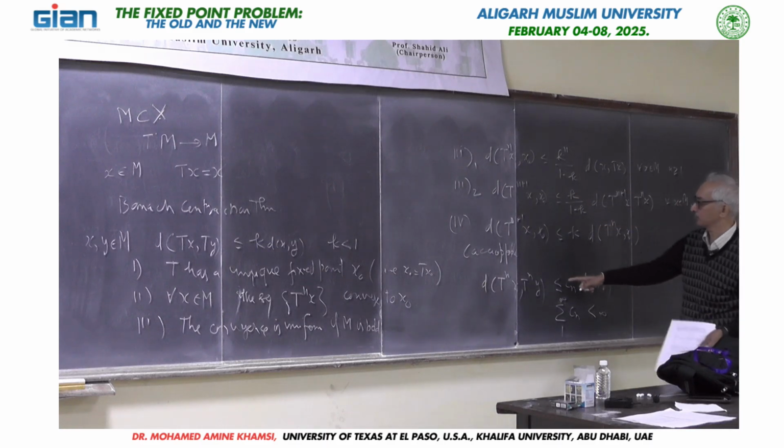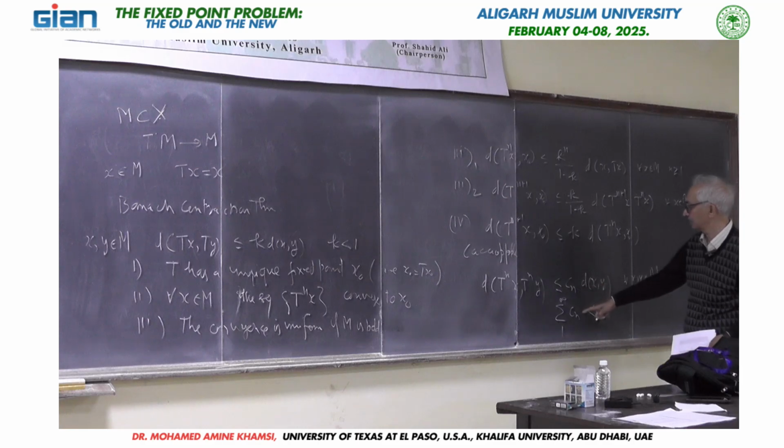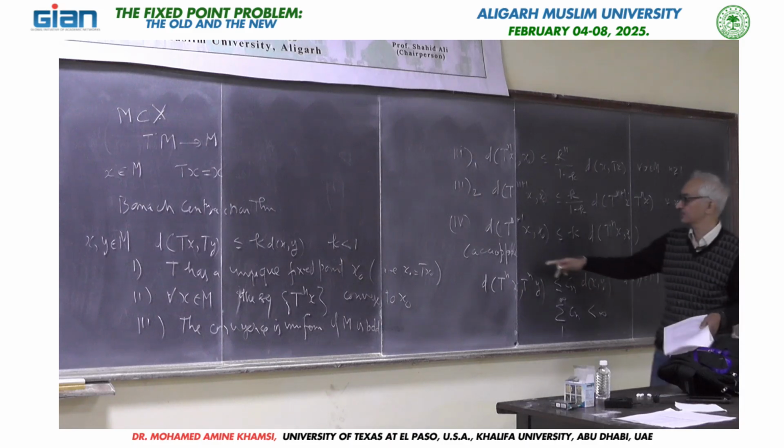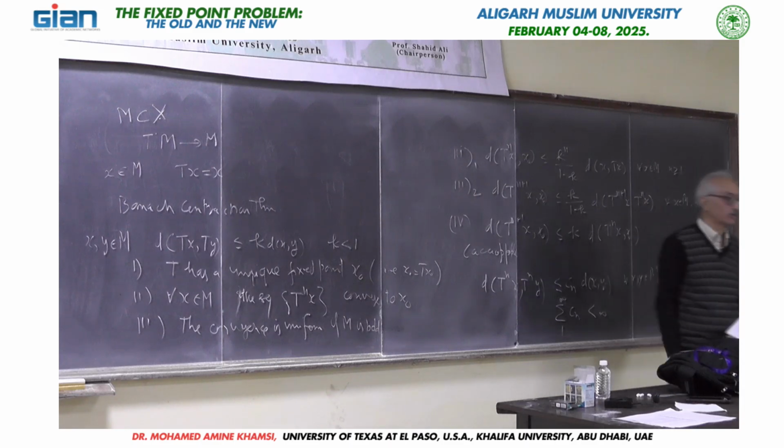In fact, we will show that because this is a convergent series, the nth term will go to 0. Okay. So there exists some large n such that c_n is strictly less than 1, and therefore for some n, T^n will be a contraction.